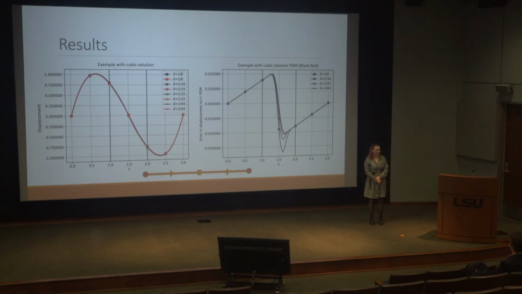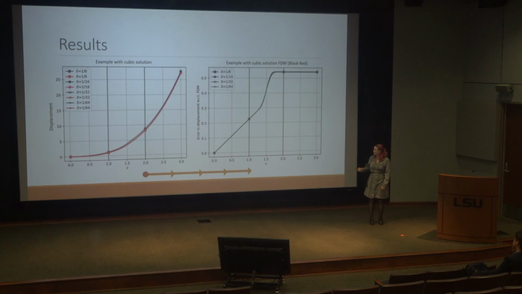Could you show the previous one? I have the same question. You have there a displacement of 25, but in the horizontal you have 3. So how do you correlate the 25 with the 3 in the horizontal? It would be a large displacement. It's larger than it would be if there wasn't the changing stiffness, because it's getting softer.